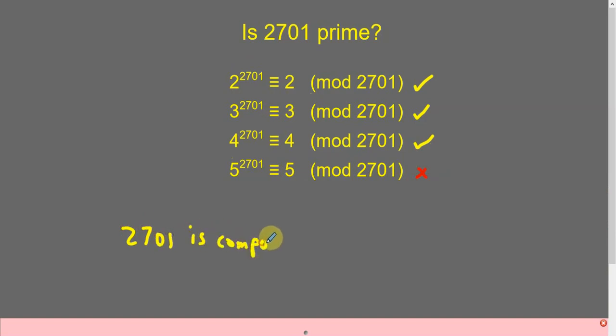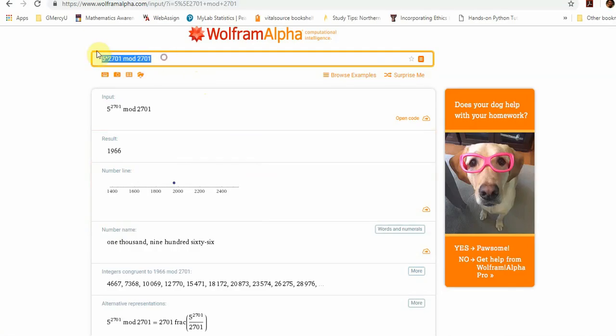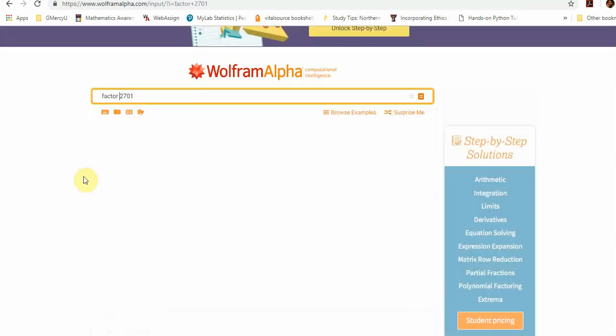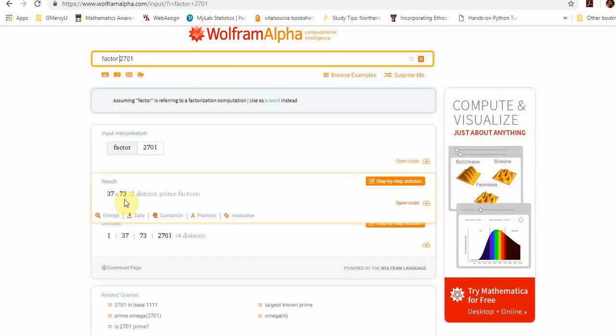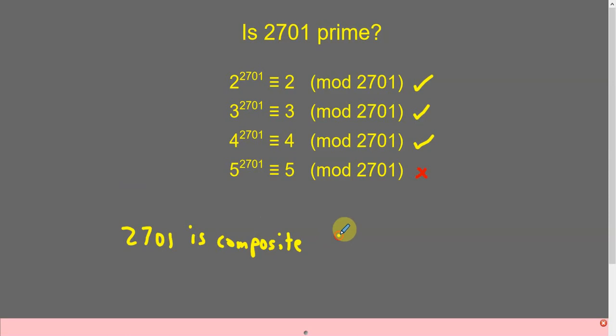It has factors. And of course, I'll use Wolfram Alpha to determine what those factors are. Factor 2701, 37 times 73. Okay, so not obvious at all. But it is indeed a composite, and a computer would have caught that through trial division.